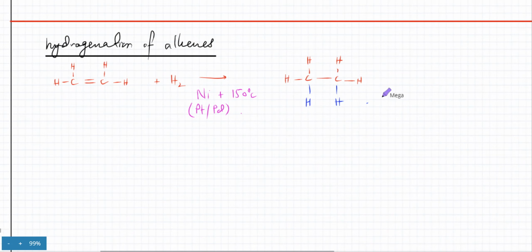The mechanism, first thing, what's the importance of this reaction? The importance of this reaction is that, does anyone remember where it was used? Hydrogenation of alkenes in O levels. Any idea? Mohammed, any idea? Ethan, Aiza?